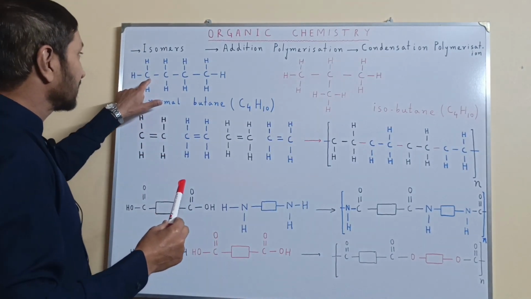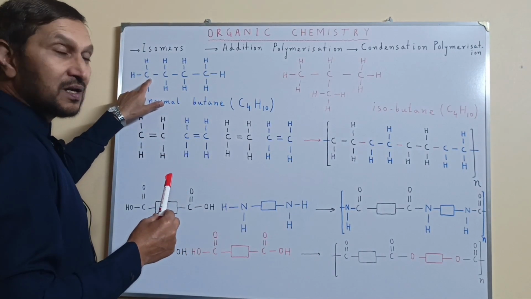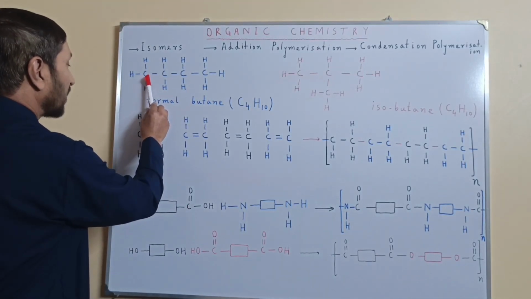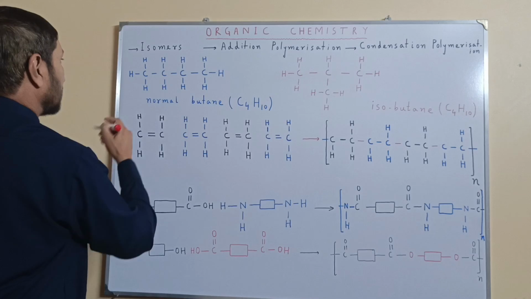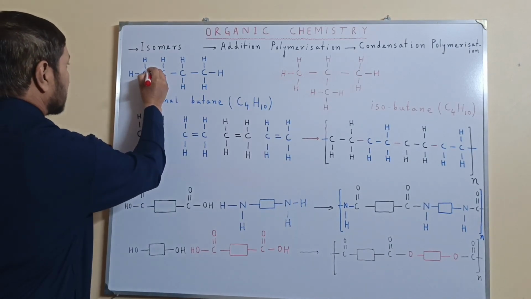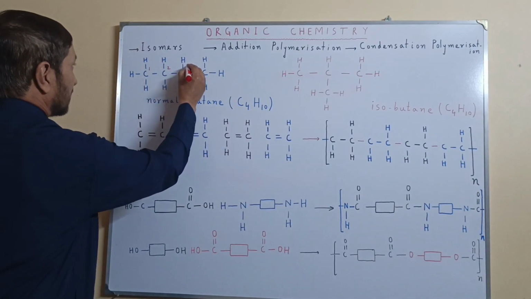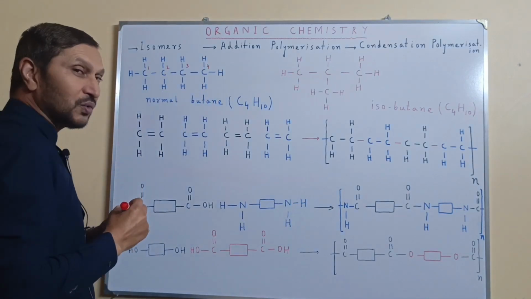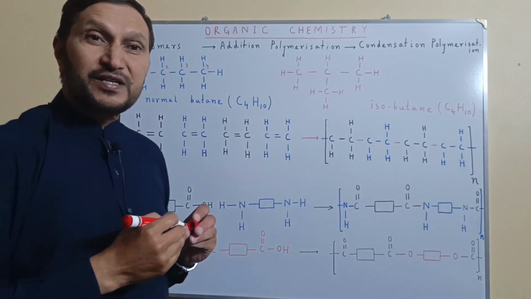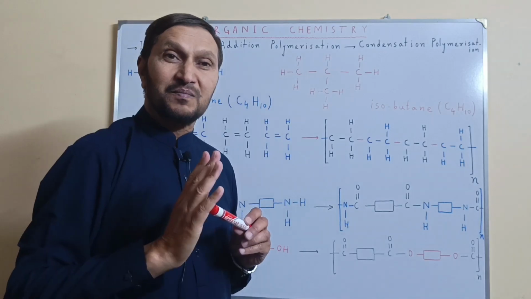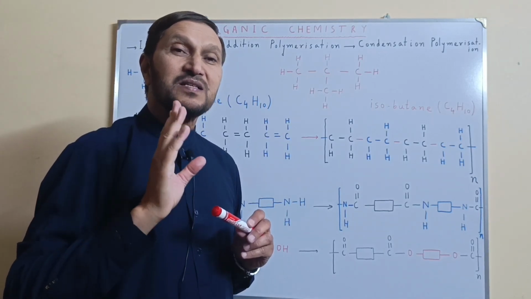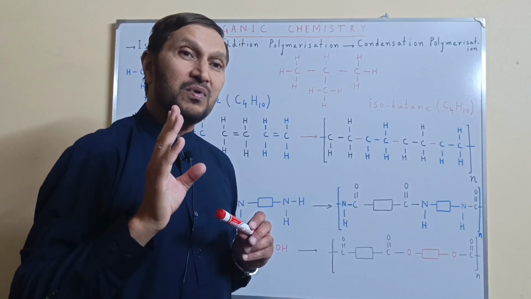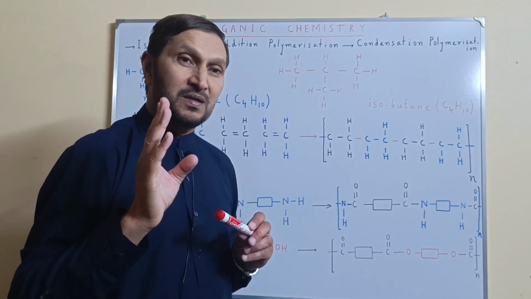So this is butane, and this is the structure of butane. It contains 4 carbon. Carbon number 1, suppose I am writing the numbers, carbon 2, carbon 3, and carbon 4. As we know, carbon is a tetravalent atom, meaning it has 4 valence electrons and is able to form 4 covalent bonds.